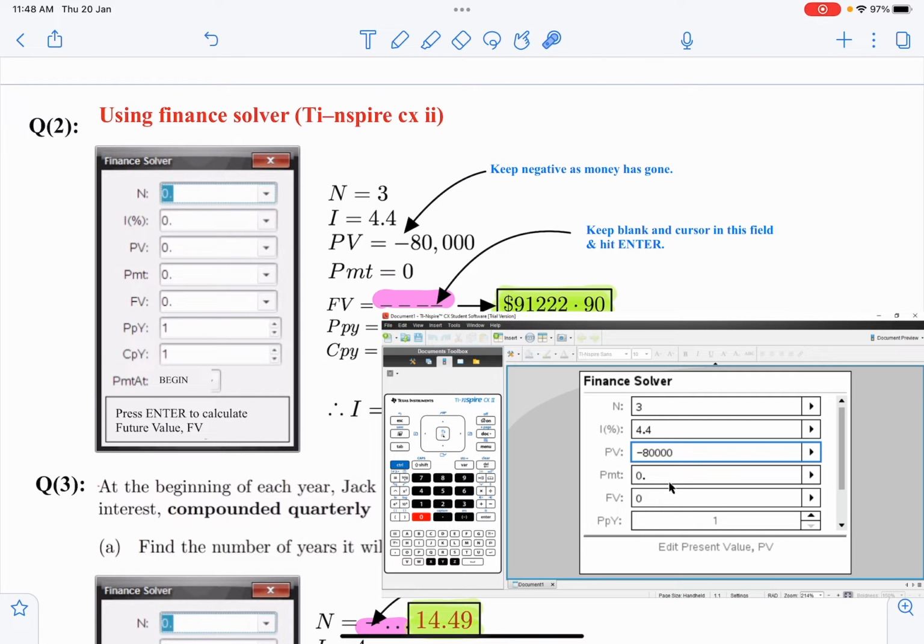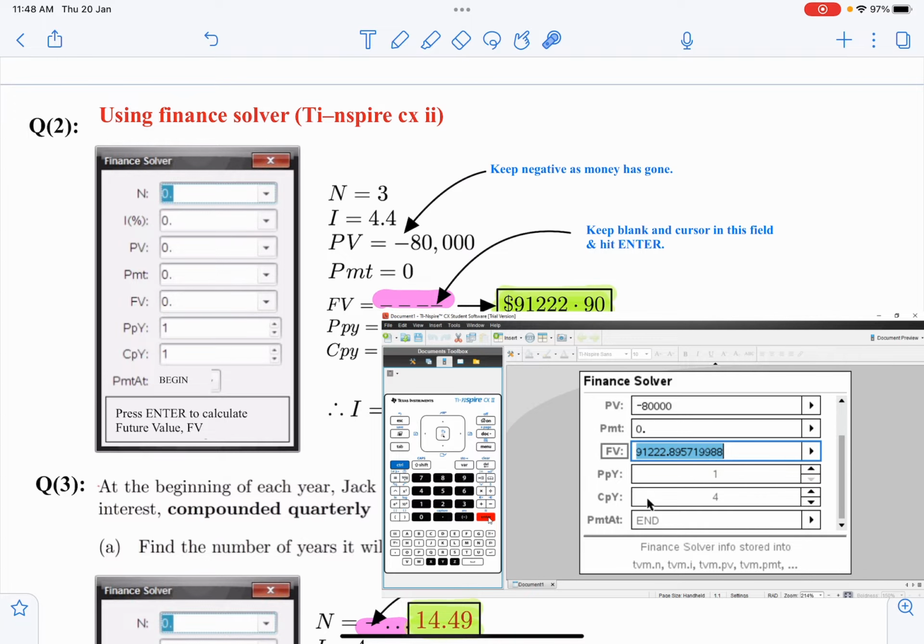PMT we have to keep 0 because we are not paying per month. FV keep blank as I told you. And PPY we will keep 1 and CPY please change it to 4. So I have used the arrow, or you can just type it. And keep the cursor at PMT at the end.